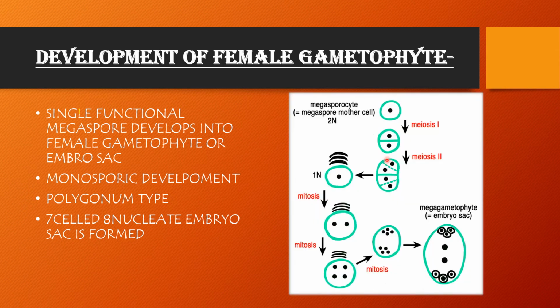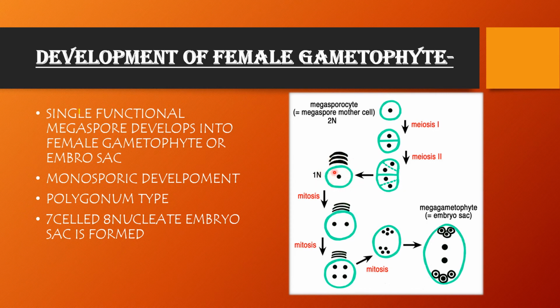So in that developmental process, we have seen that the megasporocyte or megaspore mother cell performs one meiotic division to form four megaspores, and 3 will degenerate. In the previous slide we saw that 3 degenerate and only one acts as the functional megaspore.